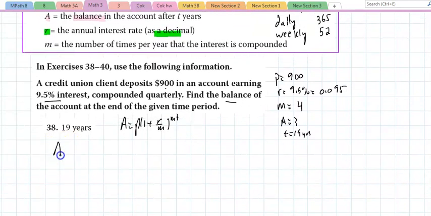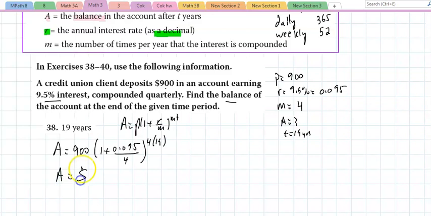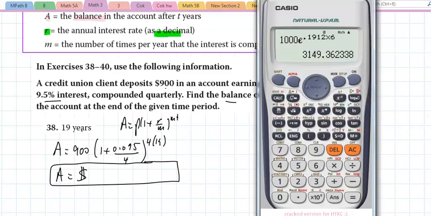I'm looking for the account balance. Principal is $9,000. The interest rate is 0.095 divided by M, and M happened to be 4, raised to the 4 times 19 years. How much money would be in that account? And if you're rounding money, you always round to the nearest penny, so 2 decimals.